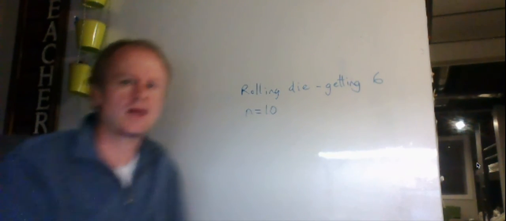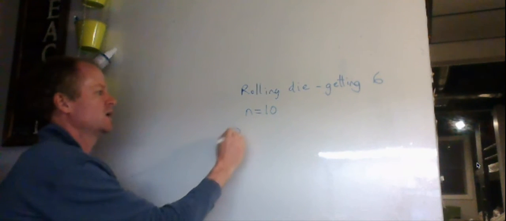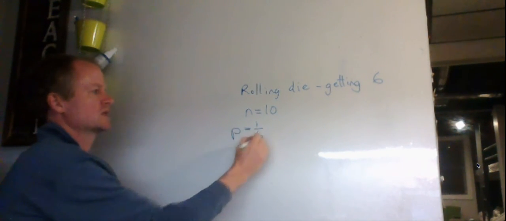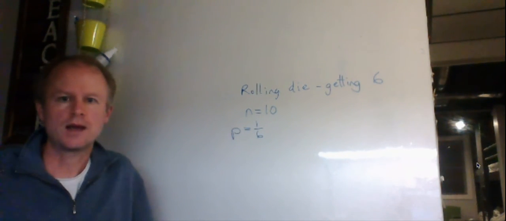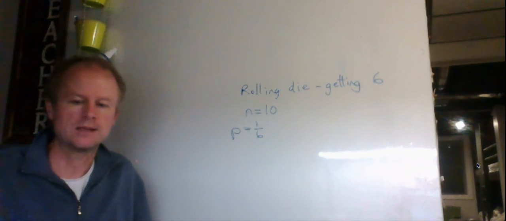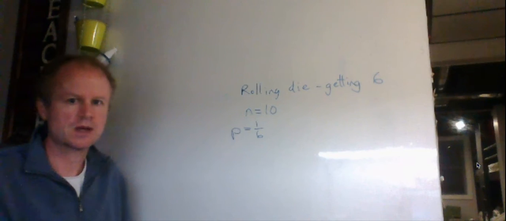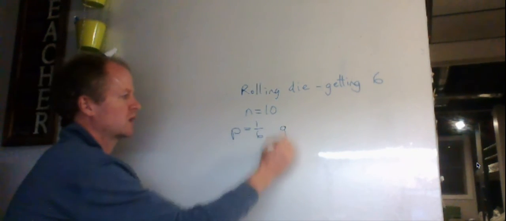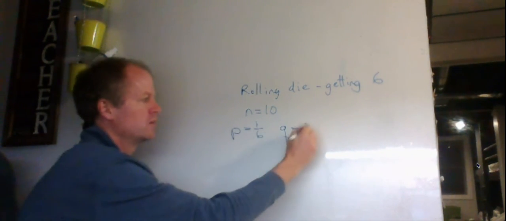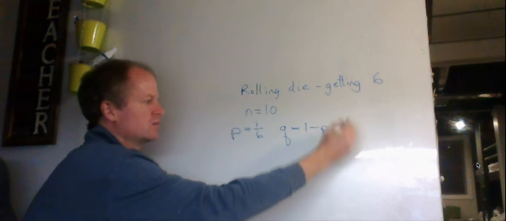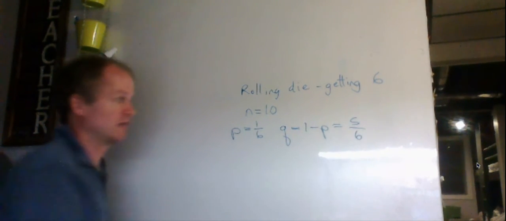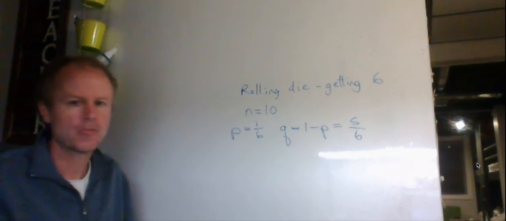The probability of success here would be 1 out of 6 every time. And every time the events are independent, that's a real important requirement of binomials. Remember, Q is 1 minus P, so this is going to be a 5/6 chance of not getting a 6.